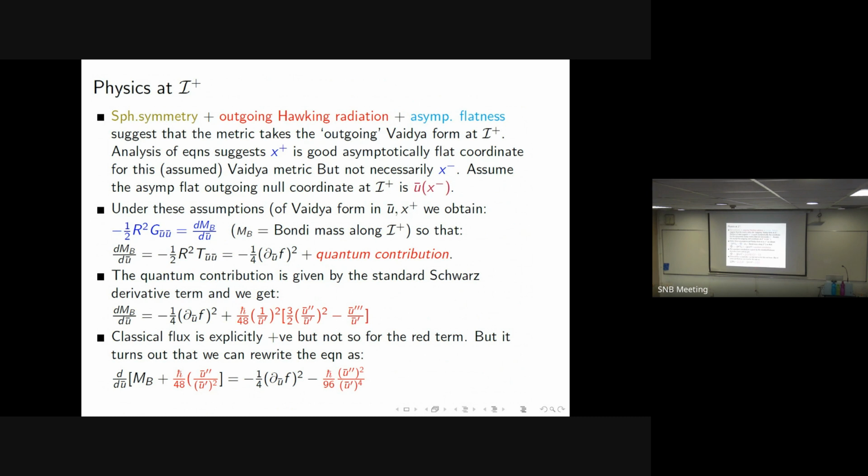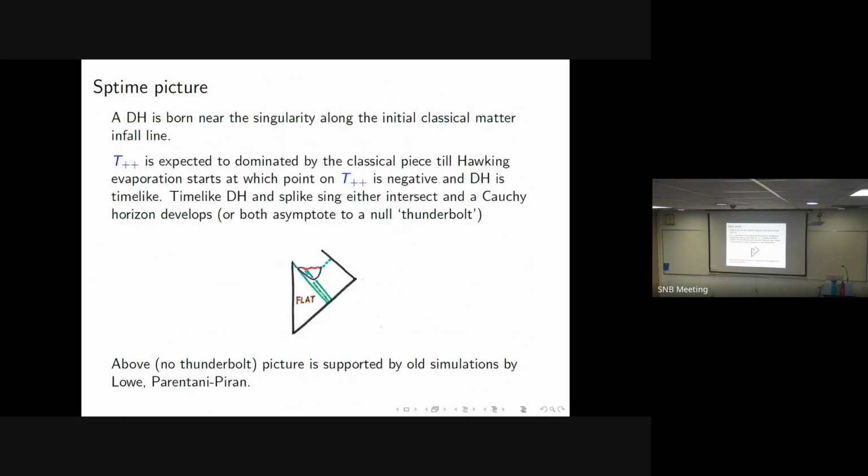So here you can identify this with a quantum corrected Bondi mass and this as a flux, and so the quantum corrected Bondi mass decreases as U bar increases. U bar is the asymptotically flat coordinate.